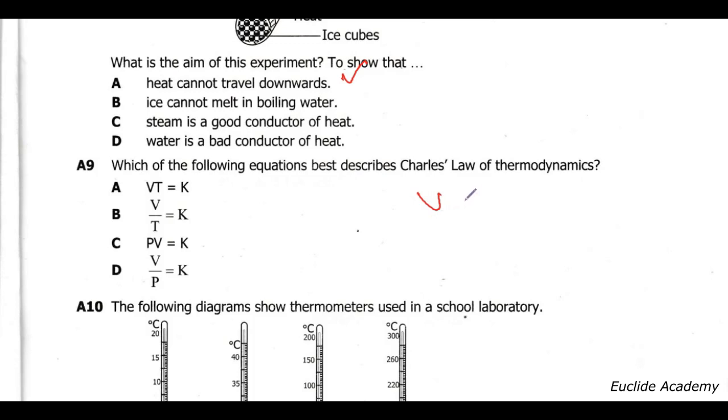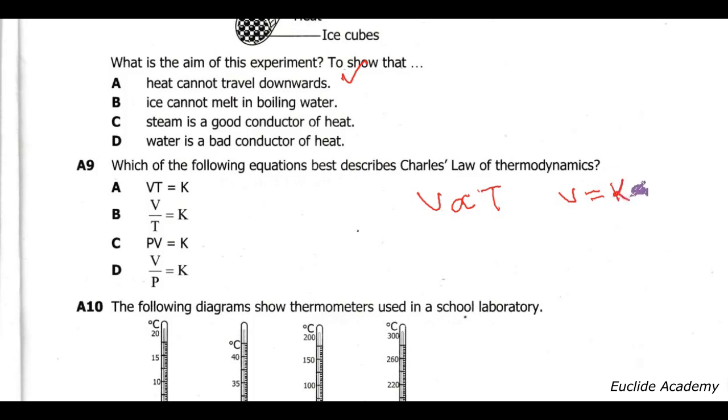So we'll just say T. Volume is directly proportional to the temperature. If that is the case, then the formula can be written as V equals some constant K times the temperature. So basically we look at the variations of this formula in this question.